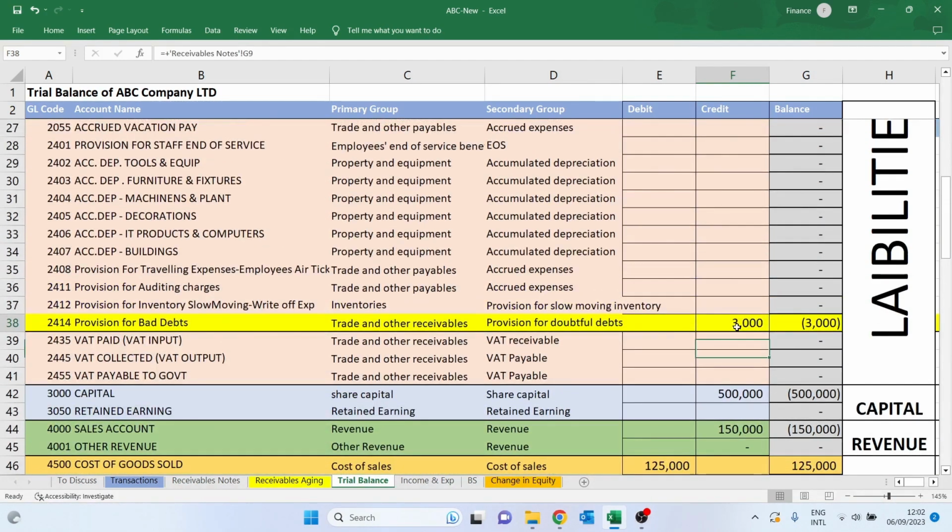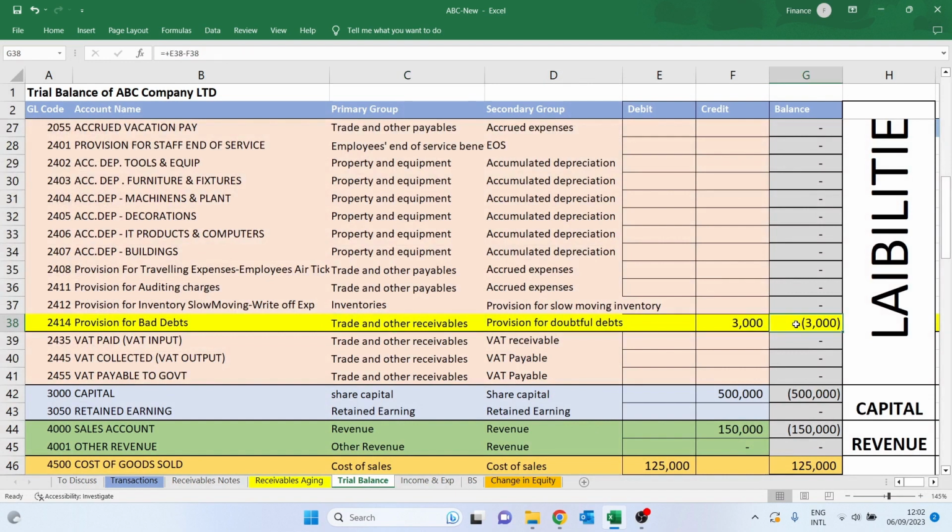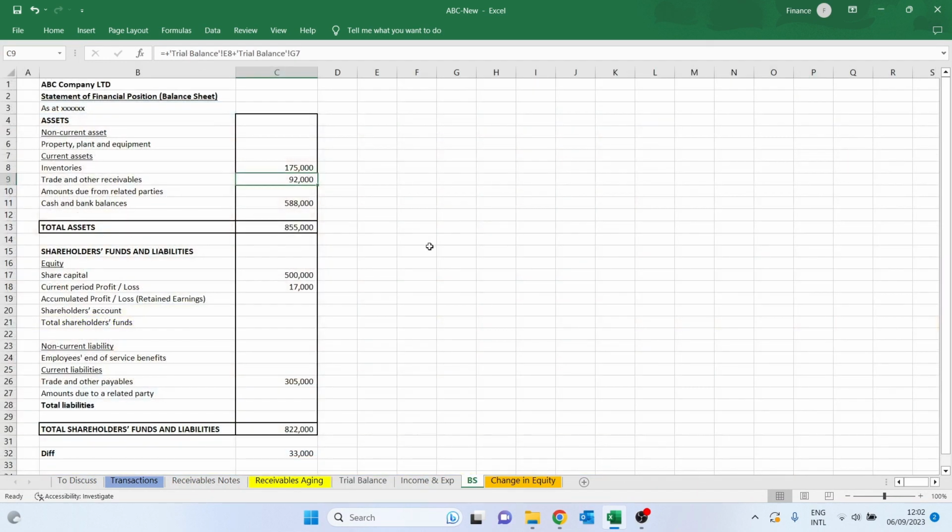Provision for bad debts is credited and it is in the trade and other receivables primary group. The secondary group is provision for doubtful debts, normal. So trade and other receivables in the balance sheet. Let us go back to book this entry in the balance sheet, here G7 and E8 in the trial balance. So this amount we need to reflect in the balance sheet.